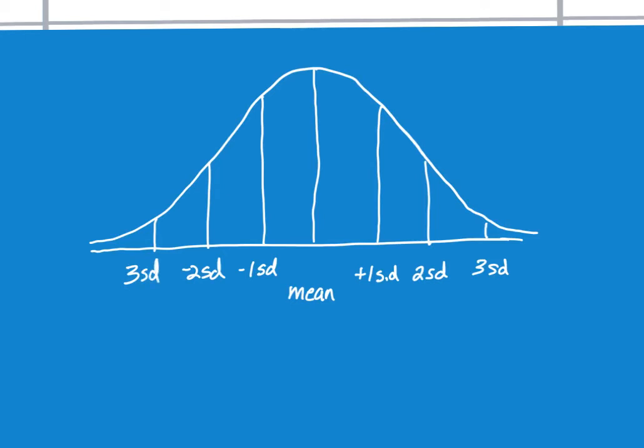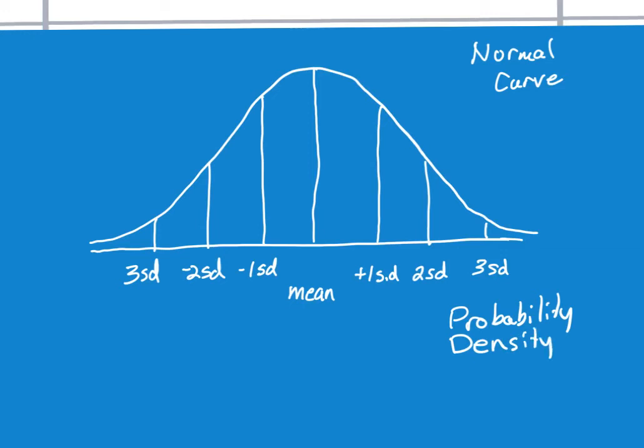So 1, 2, 3 standard deviations above the mean, 1, 2, 3 standard deviations below the mean. This is, in addition to being a normal curve, it can also represent a probability density function. Or PDF.